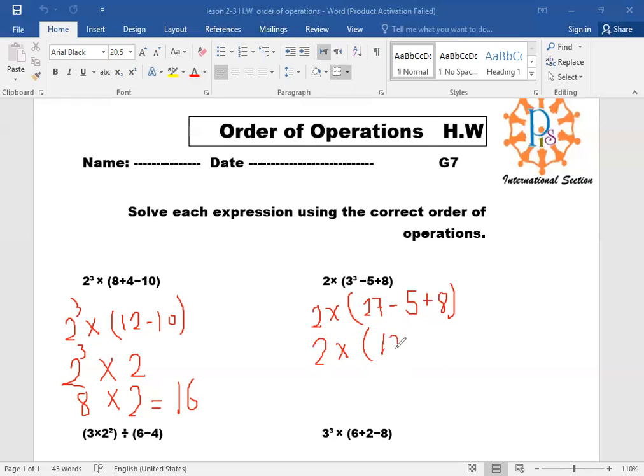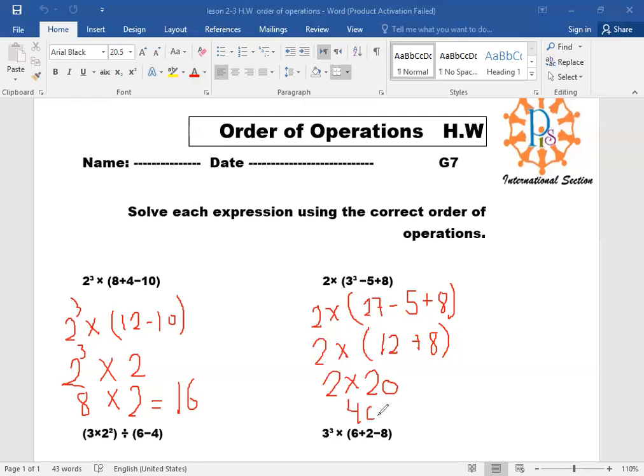No, I mean 17 minus 5 will be 12, and plus 8 will be 20. 8, not 18, right? Yes, it's 20. Then 2 times 20, by the end it will be equal to 40.